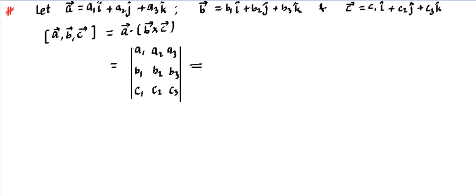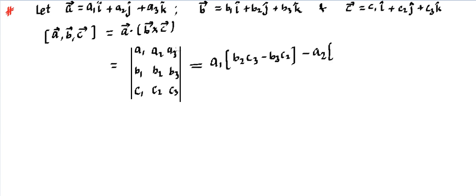That means about the first row, we're writing this first element a1 as such. Then we will not be using the first row and first column, then we multiply diagonally. So it's going to be b2 c3 minus b3 c2. So that will become the first term, and then we will write a2 but with a minus sign, and we'll be expanding it about this.